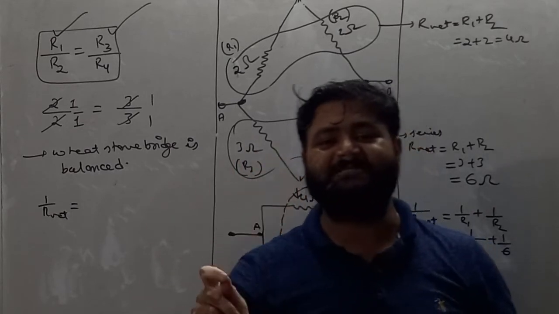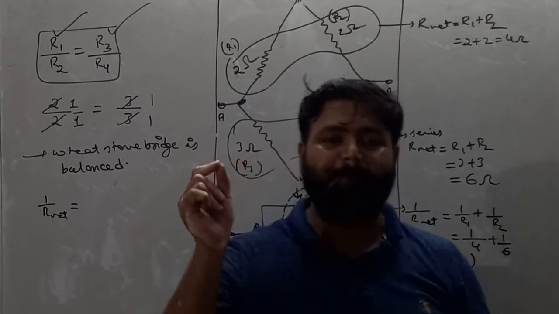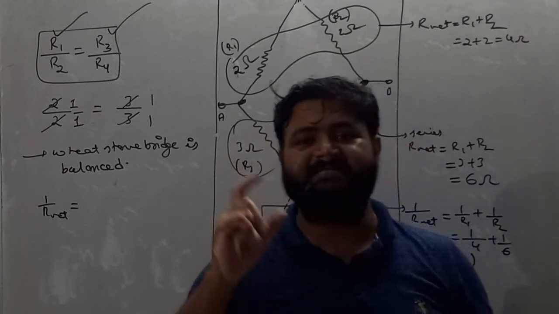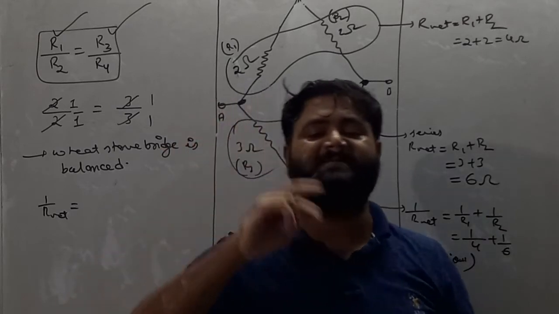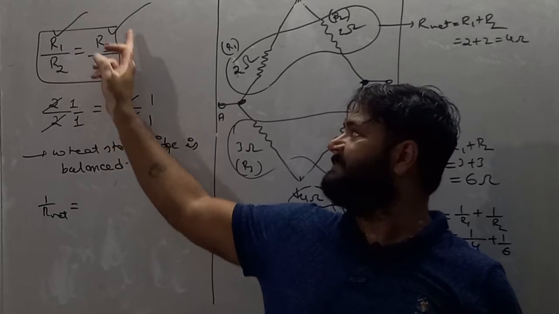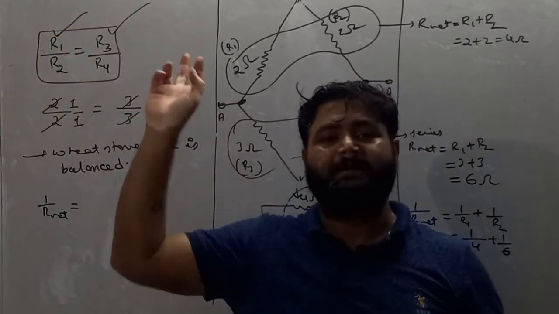And if the Wheatstone bridge is balanced, then you have to remove the bridge resistor from the circuit, as no current is flowing across that resistor because the potential difference across the bridge resistor is the same. This is the balance condition of Wheatstone bridge.